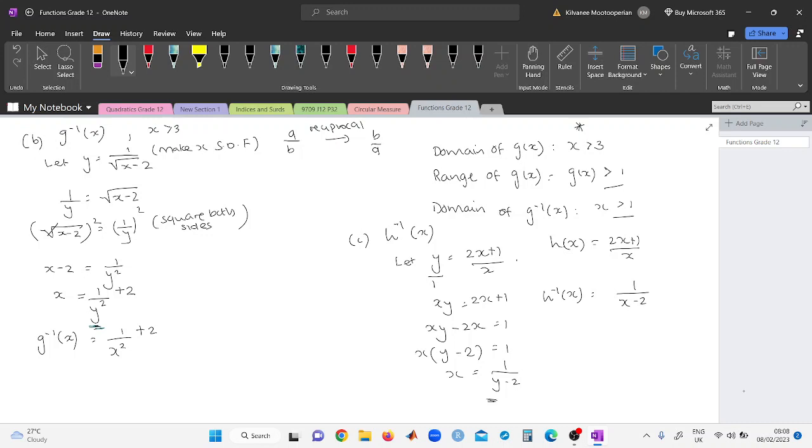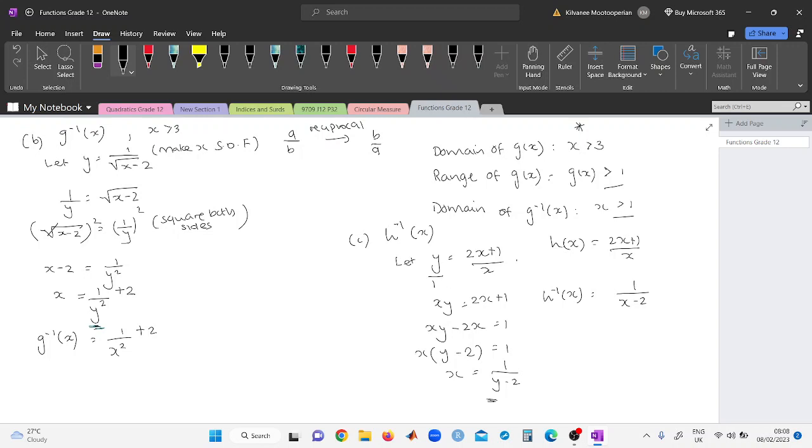D'accord? So, me donner quelques minutes de prendre le screenshot. Après, nous pouvons faire quelques questions d'examen. Donc là, on peut trouver une question de novembre 2005, juin 2013, avec novembre 2015 aussi. Pas mal de questions qui sont aussi sur your function. Vous gagnez dans le papier 1.